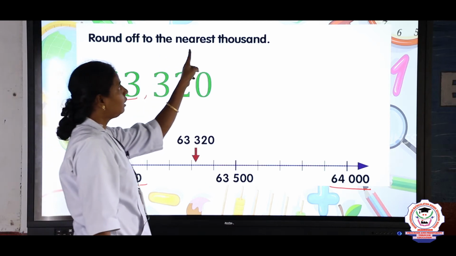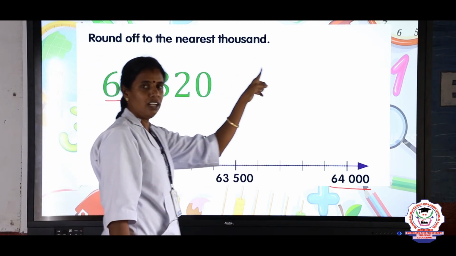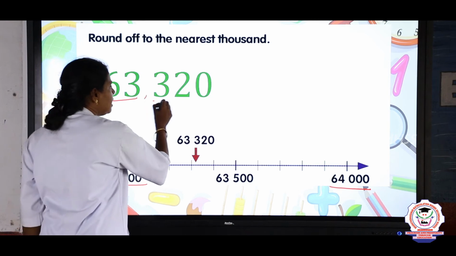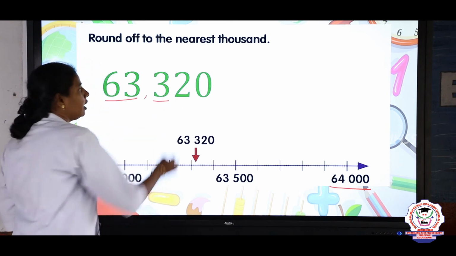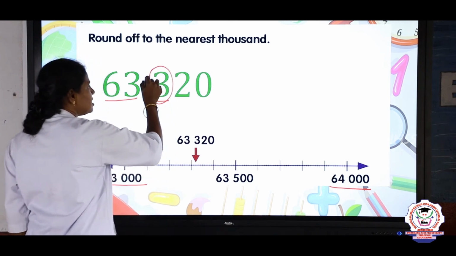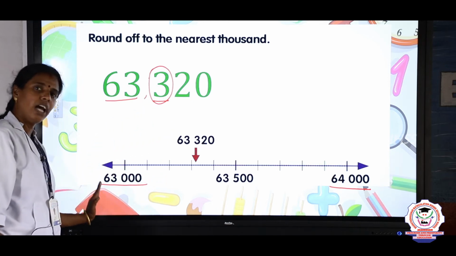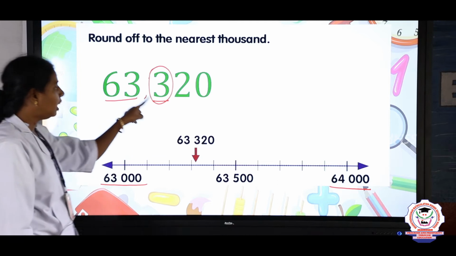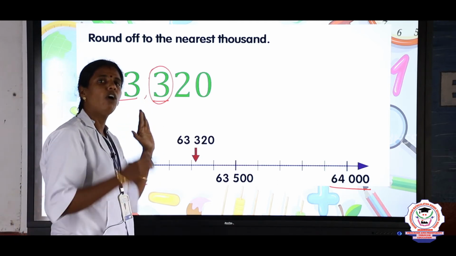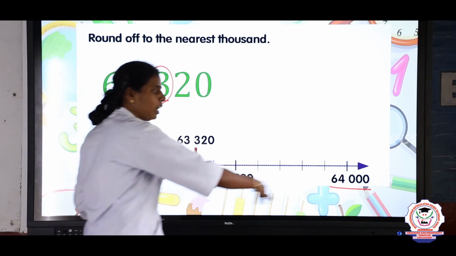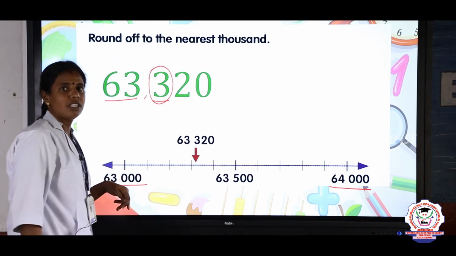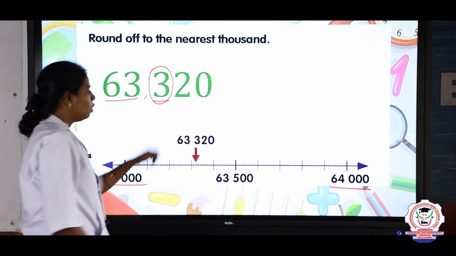So when we round a number to the nearest 1000, we look at the hundreds place. If the hundreds place number is less than 5, then this number will be rounded to the before number. If the hundreds place is equal to 5 or greater than 5, the number will be rounded to the next thousands place value.